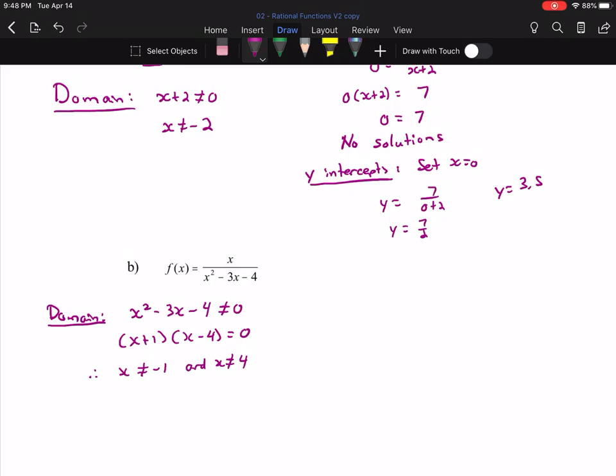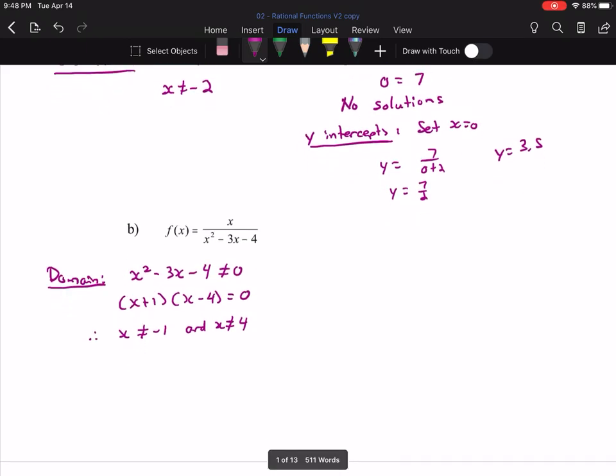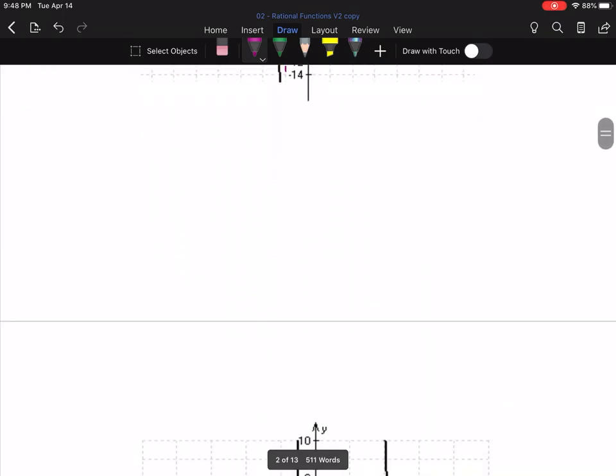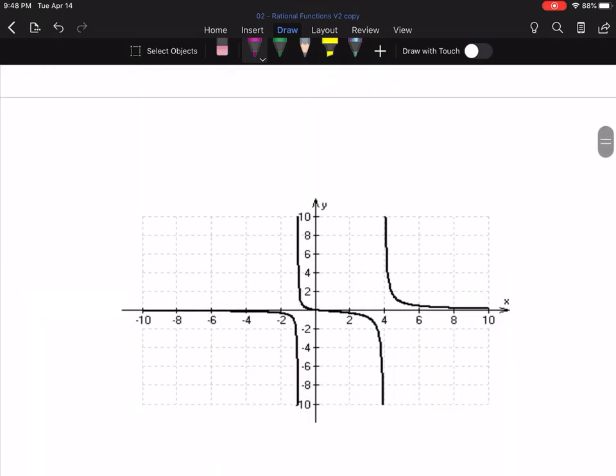Again, last year, that would have been restrictions. You would have said, oh, x can't equal these two things, big deal. But when I look at the graph, watch what happens. There's this vertical asymptote at -1, and there's this vertical asymptote at x equals 4. The graph can't go through those values. It gets really close to it, and in my graph, and the way the resolutions come out there, it may look like it even gets to 4, but it doesn't.